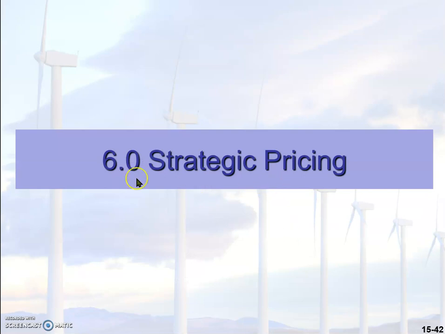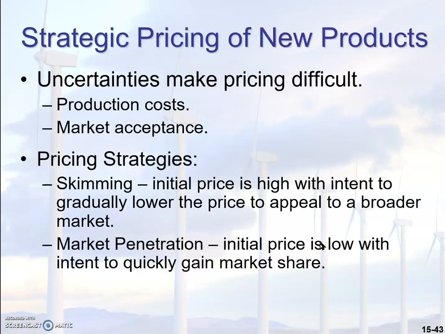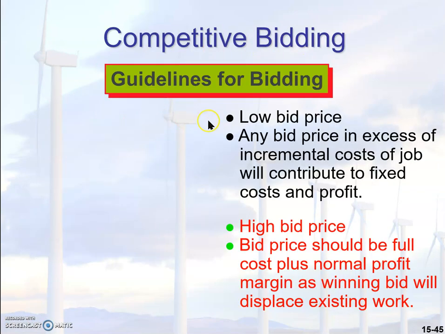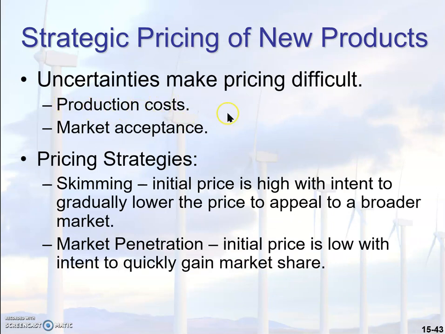The last one will be strategic pricing. Sometimes organizations do not rely purely on cost when they set the price. The strategic price of new products relies on the production cost and also on market acceptance, because these are difficult to determine. So companies can adopt a skimming strategy or a market penetration strategy.